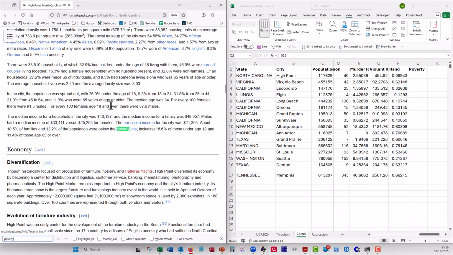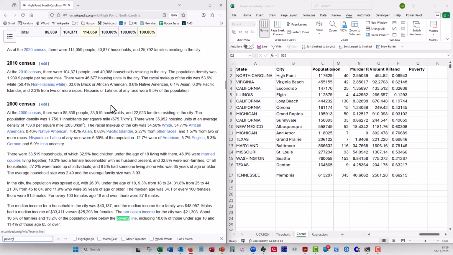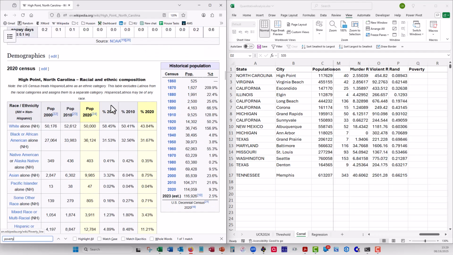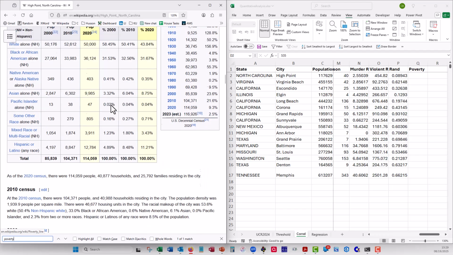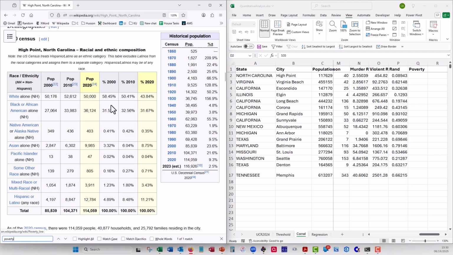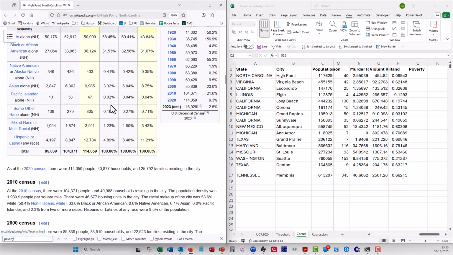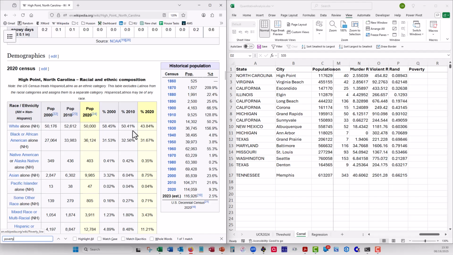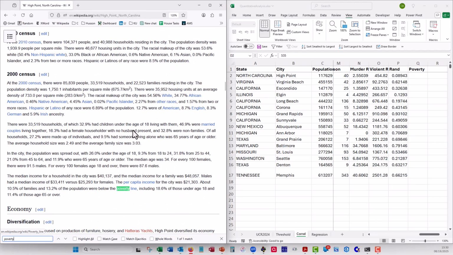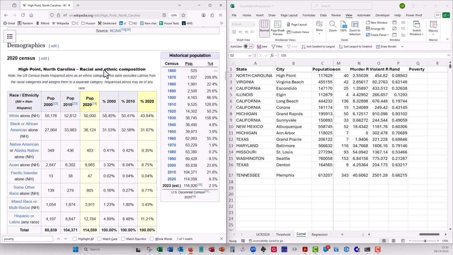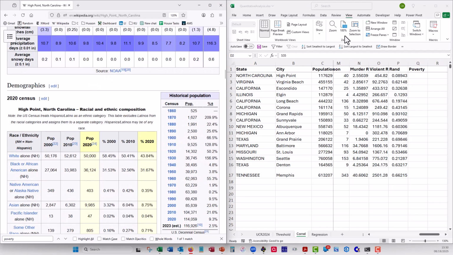Almost any city's Wikipedia page is going to mention it, but this one doesn't. So it was 13.2% in 2000. Okay, well, I'm going to have to look at more recent figures for High Point, North Carolina.